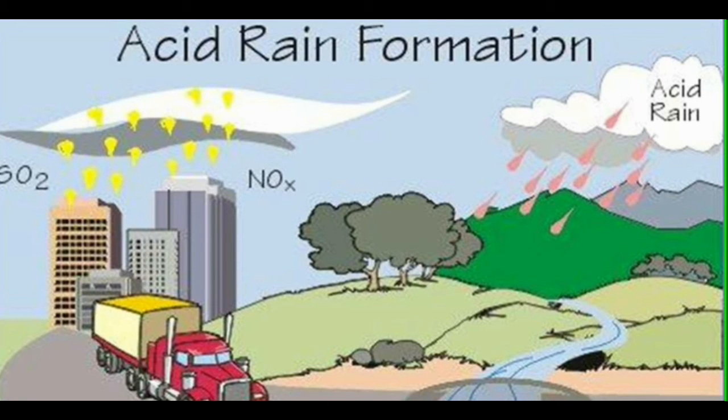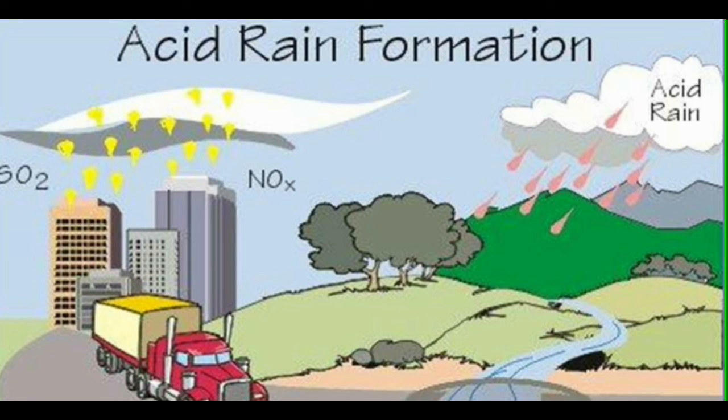We have sulfur dioxide and nitrogen oxides. What they do is, the moisture present in the atmosphere gets mixed up with them, and they produce hydrochloric acid and sulfuric acid.